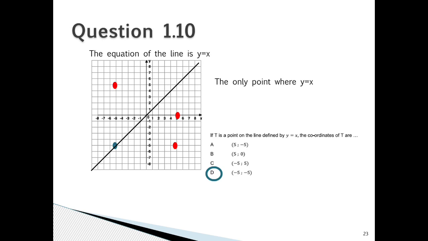The equation of the line is y is equal to x. The only point where y is equal to x is at D, where x is minus 5 and y is equal to minus 5. This satisfies the requirements for the equation that we are looking at.